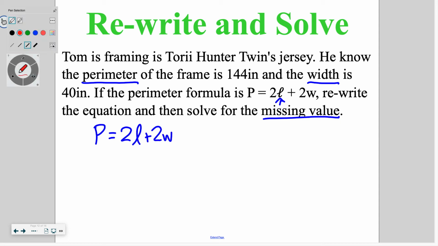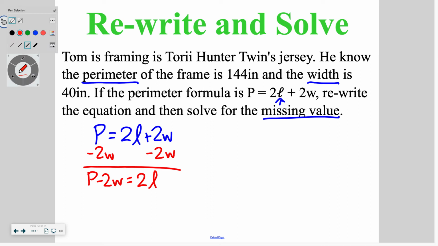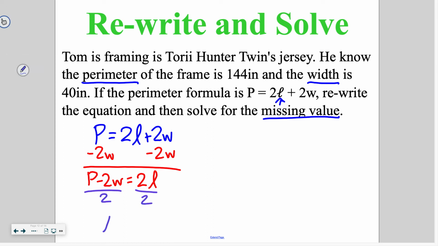In order to get the length by itself, I'm going to subtract the 2w from both sides, which says perimeter minus 2w is equal to 2 times the length. In order to finish solving for length, I'm going to divide both sides by 2. And I get that length is equal to the perimeter minus twice the width divided by 2.